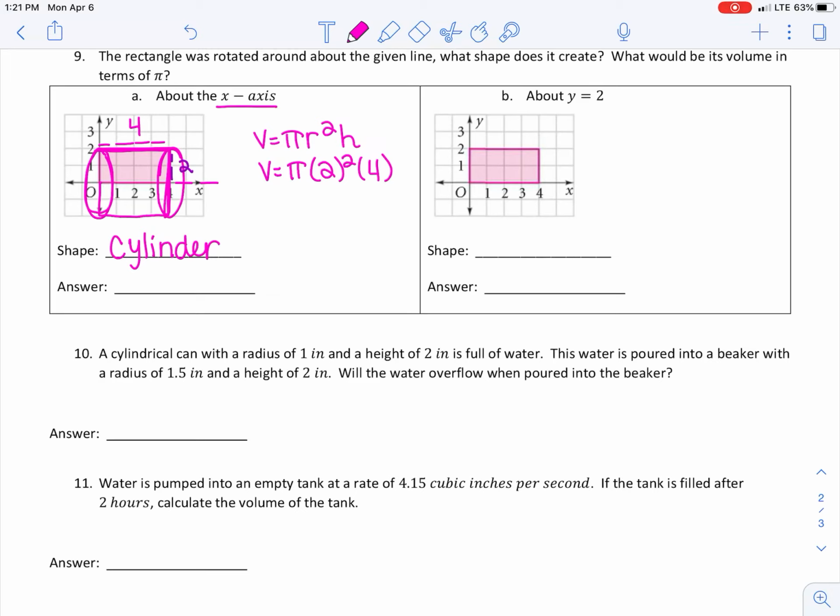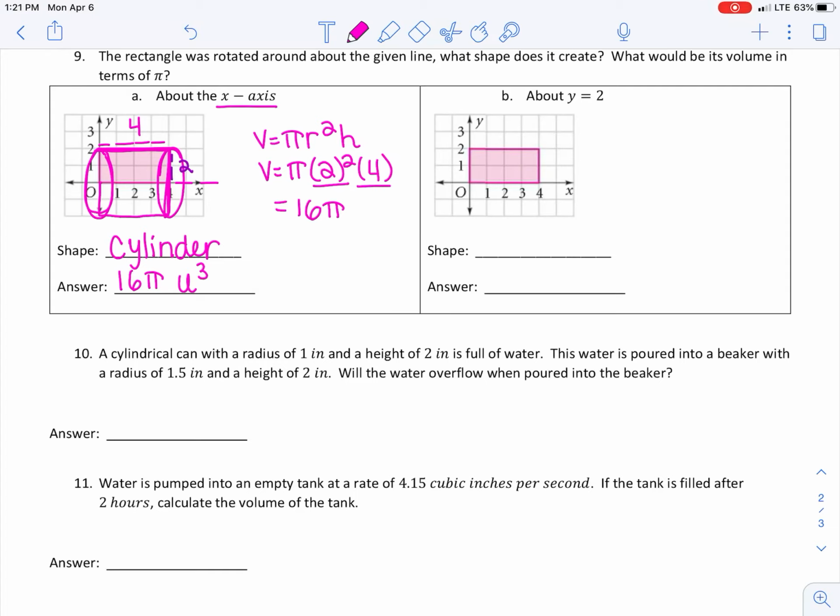Okay, and since it's in terms of pi, we're not going to multiply by pi yet. We're just taking the 2 squared times 4, which is going to give us 16, and we have 16 pi. So that's going to be our volume for part A. So 16 pi, and since we don't have inches or anything like that, we're going to say units cubed, and I'm just going to put U cubed.